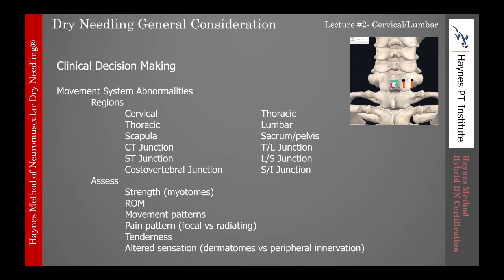And then we want to take a look at any altered sensation. Does it follow a dermatomal pattern, or is it more of a peripheral problem? In our dermatomes, we'll look momentarily at our dermatome map, does our altered sensation follow that?